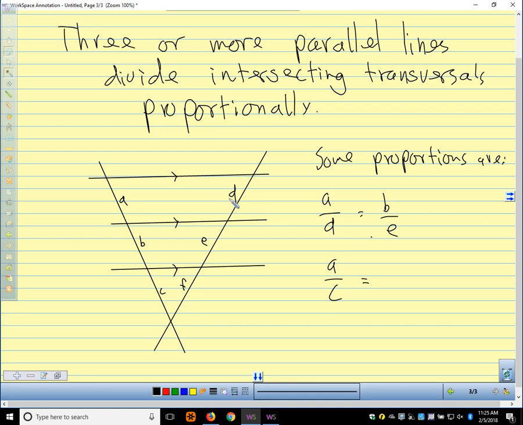That has to equal D over F. So I just match the parts in the correct order, and I'm set. I could say B over C equals E over F. And I could keep going. Then we get a lot of proportions that we set up from this situation.